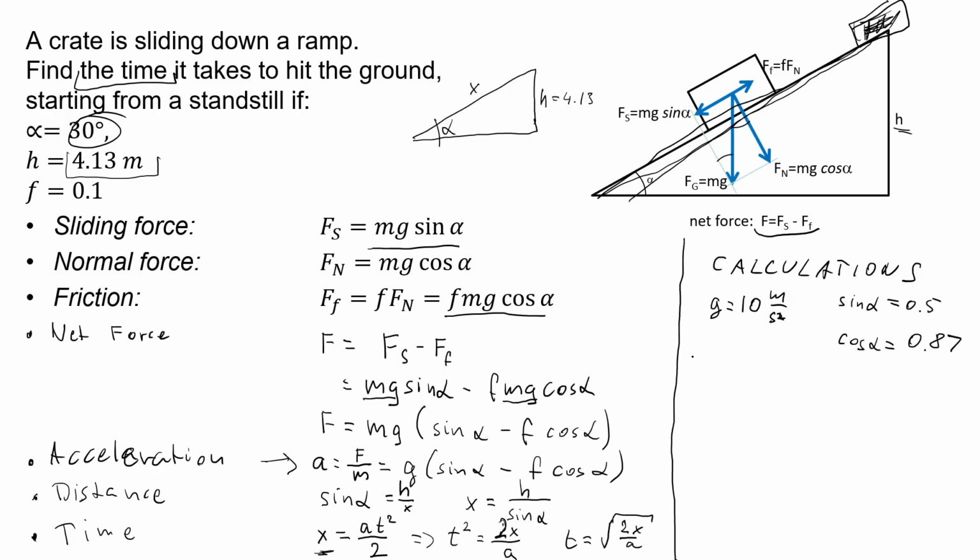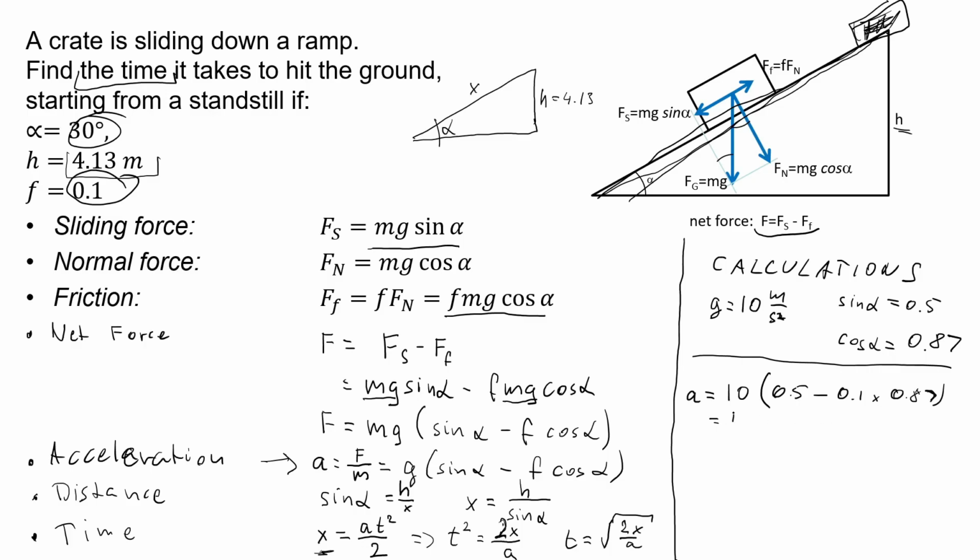With these calculations, I can now say a equals g, that's 10, times sine alpha, that's 0.5, minus f, which is 0.1, times cosine alpha, that's 0.87.